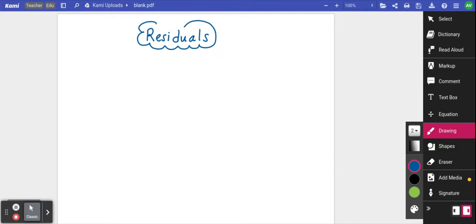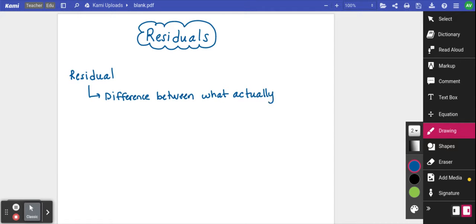The first thing I want to review is what is a residual and how do we calculate it? So a residual helps us measure the difference between what actually happened in an experiment and what we predicted was going to happen in an experiment.